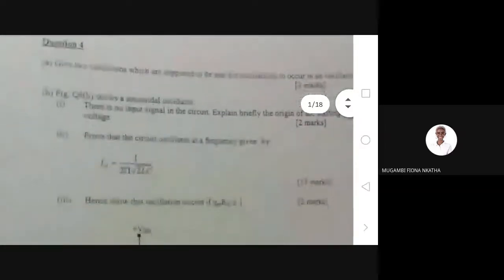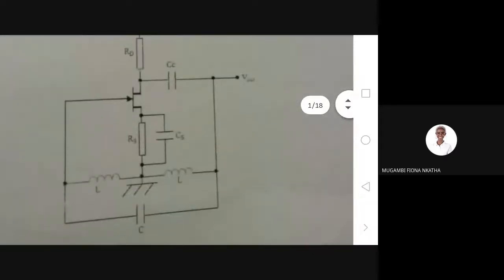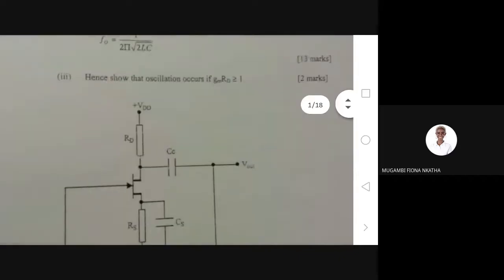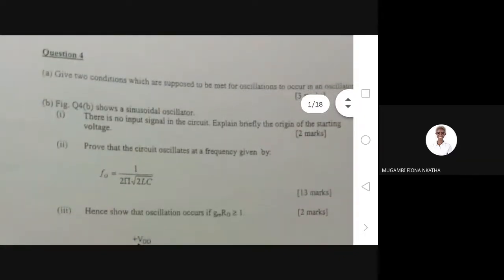Okay, the next question was about the sinusoidal oscillator over here. This one has two inductors, so it's the Hartley oscillator. Assuming there is no input signal at the circuit, explain briefly the origin of the starting voltage. So that's what I explained.